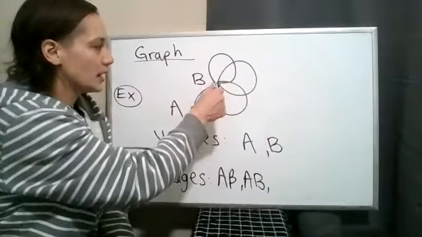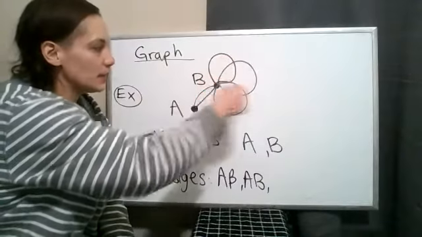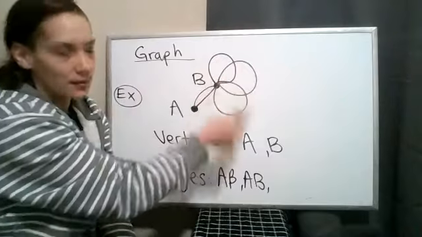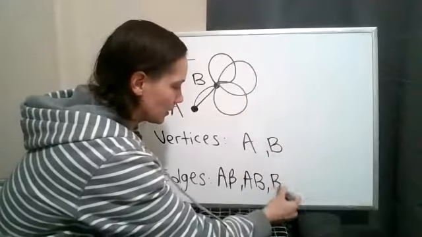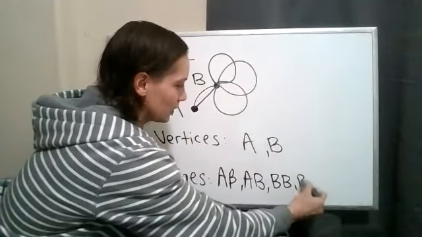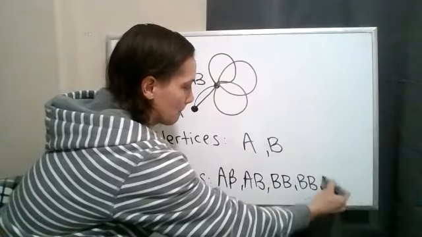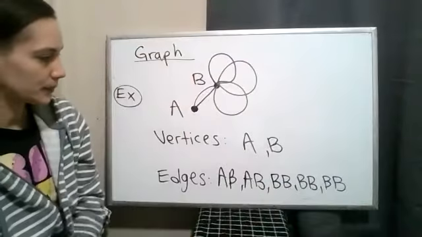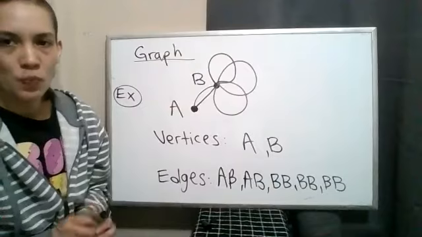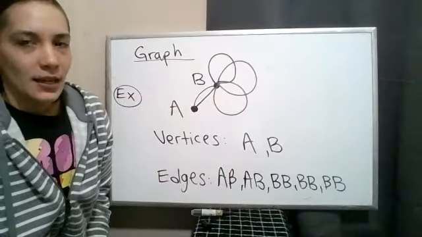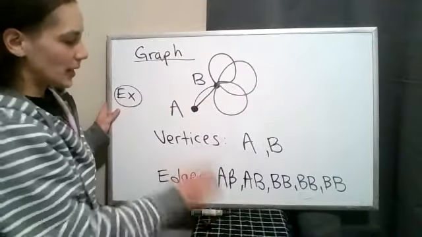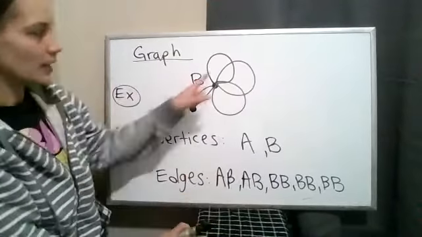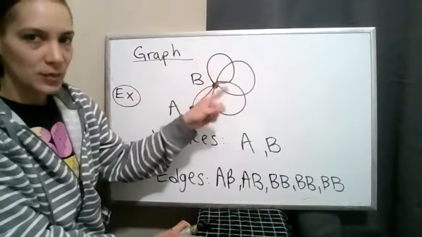So there's BB, BB, and another one, 3 times. So I guess these are loops and multiple edges.